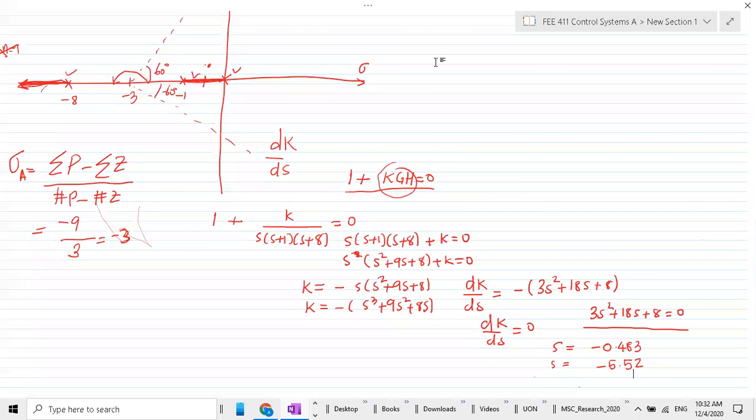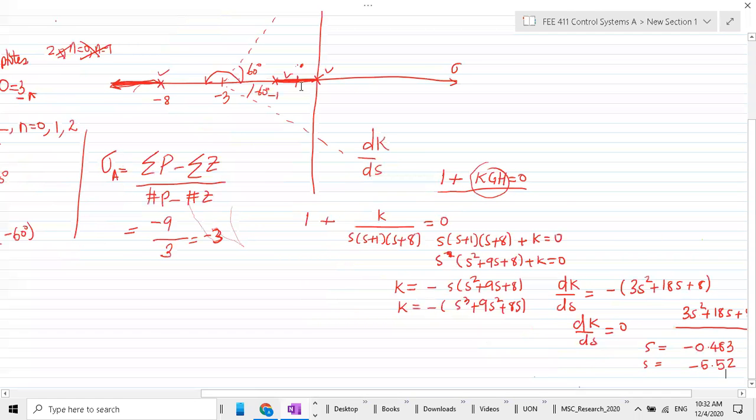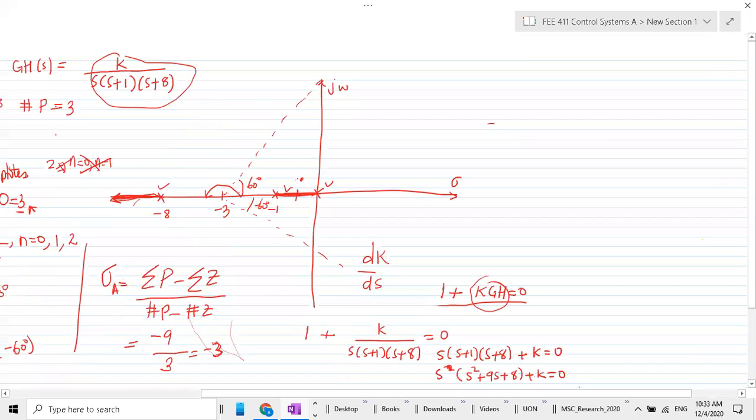Okay, so from these two points, these are actually the points where you see here. So let me just write.